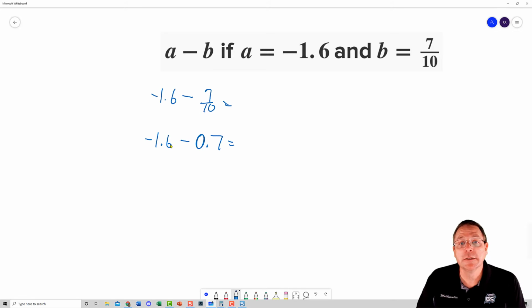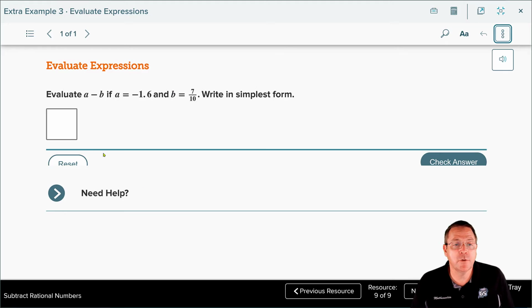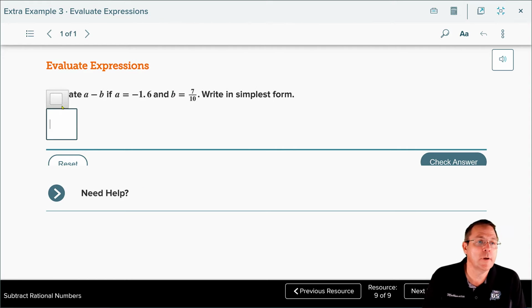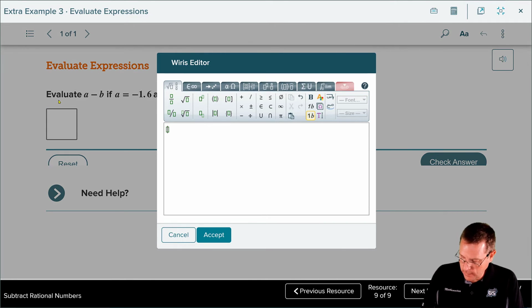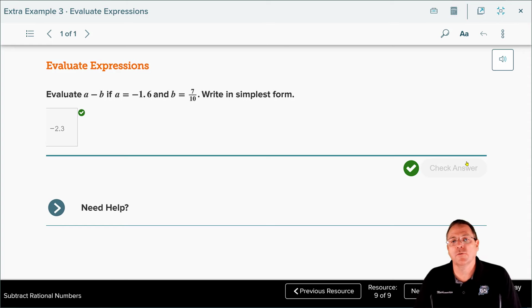Now I have signs are the same. Find the sum. The sum of 1.6 and 0.7 is going to be 2.3, with the sign in front of your larger number going in front of your answer, giving you a negative 2.3. I'm going to come over here, type that answer in, negative 2.3, accept, and check it, and our answer checks.